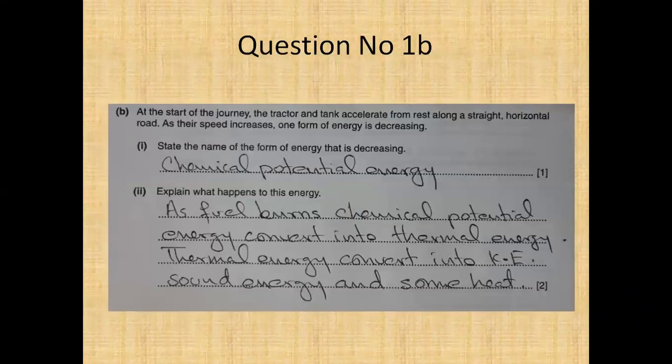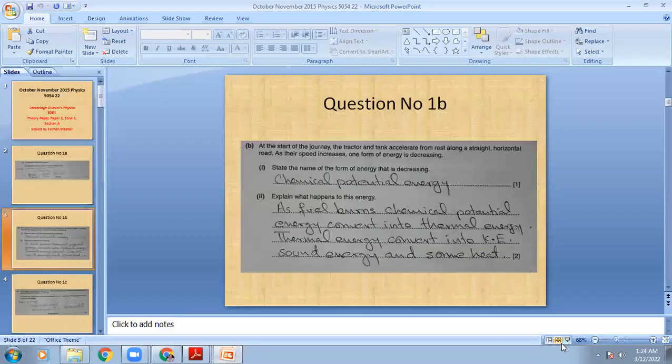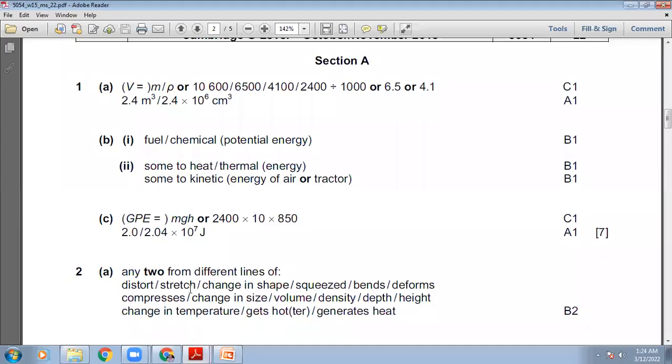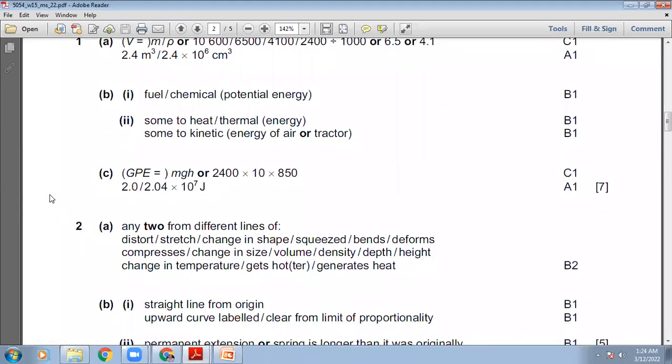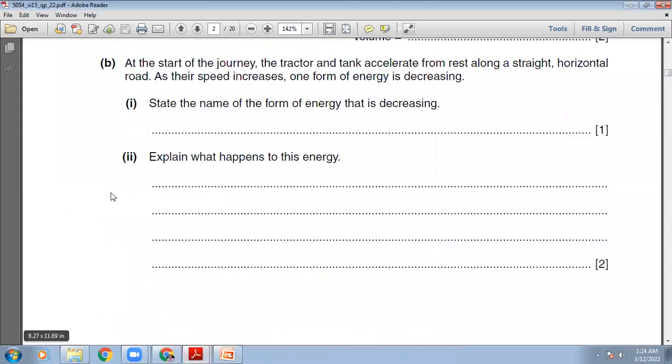The chemical potential energy, as the fuel burns, converts into thermal energy, which converts into kinetic energy, sound energy, and some heat. Hopefully you understand. Let's have a look at the marking scheme. So fuel, chemical potential energy, some to heat, thermal energy, some to kinetic energy of the air or the tractor. Okay, so this is what you have to write.